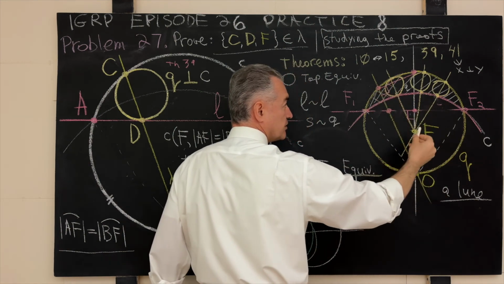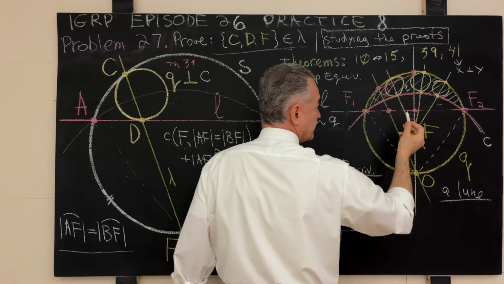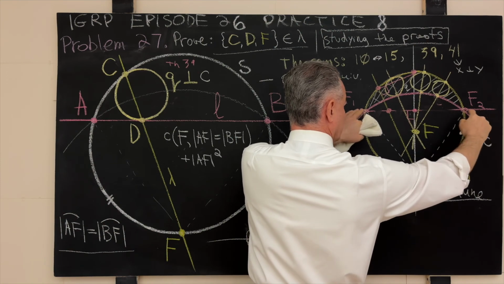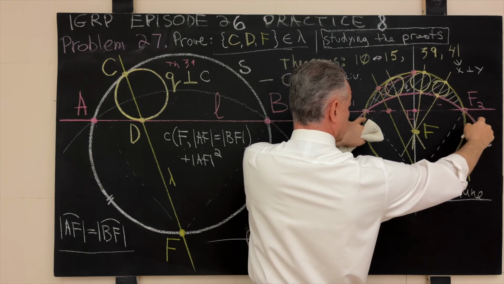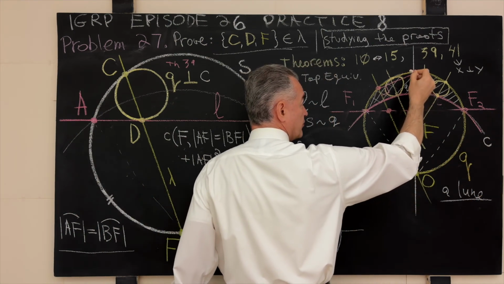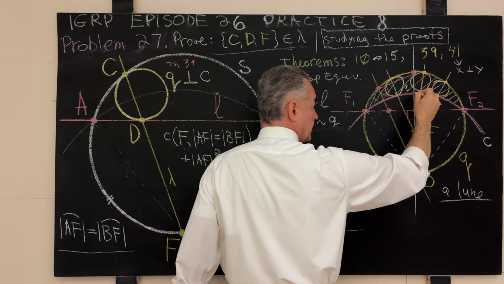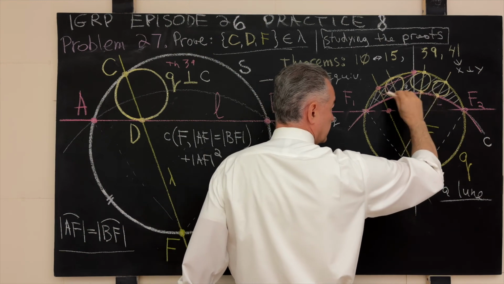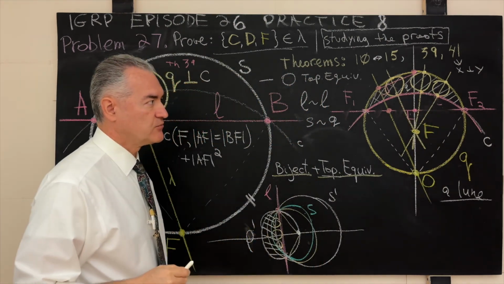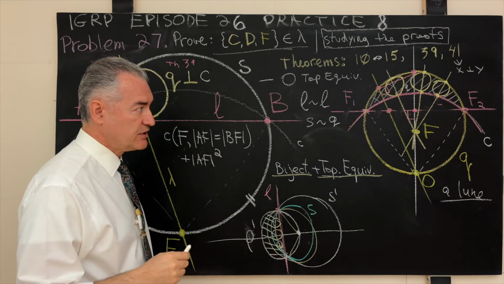That's 1 degree of freedom. Then we have another degree of freedom for the points F1, F2 to behave in some way with respect to any one of the circles. Then we can change the radius of the outer circle, inner circle, and so we can count carefully, if we care to, how many degrees of freedom this problem will have.